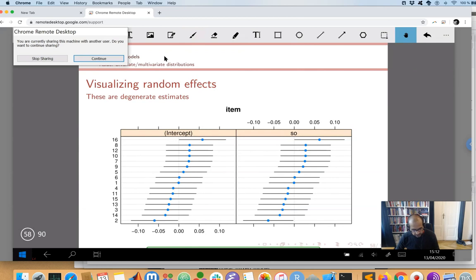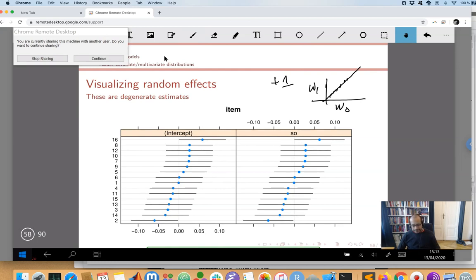In the case of the items, remember that the correlation we got from the model was +1, which I said is degenerate. You can see the degeneracy here, right? Because what's happening is that there seems to be a perfect correlation. What the model is showing you here for the intercepts and slope adjustments is literally a perfect correlation. It's a straight line here, right? And first of all, that is highly implausible, that there should be a perfect correlation between intercepts and slopes.